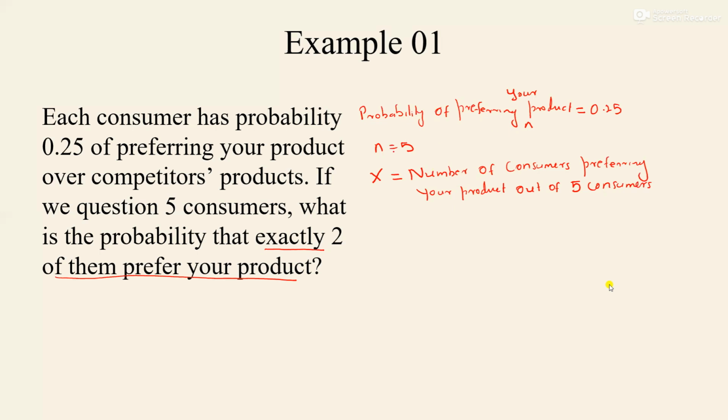There are 2 possible outcomes in this test. What are the 2 possible outcomes? Preferring the product and not preferring the product.